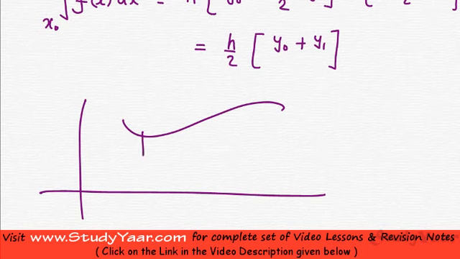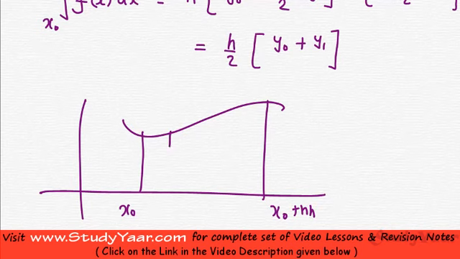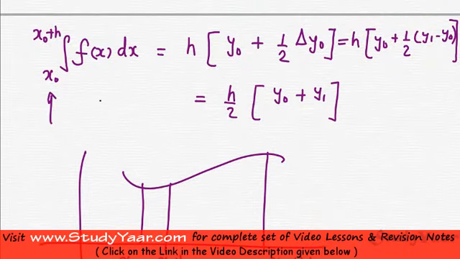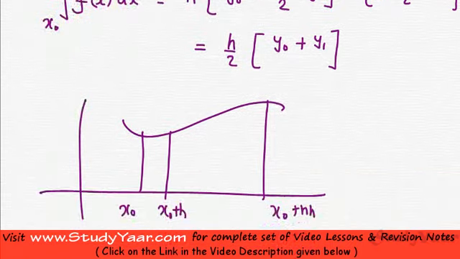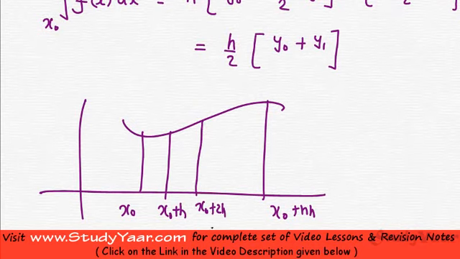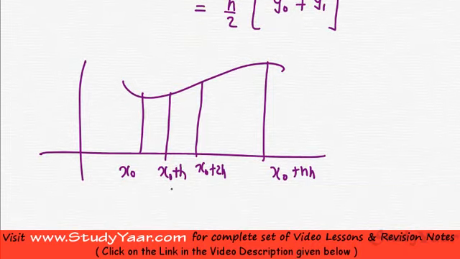You are supposed to find out integration from x0 to x0 plus nh. You've got integration from x0 to x0 plus h as equal to this. Similarly, integration from x0 plus h to x0 plus 2h is going to be what? You can just assume that this is now your x0 and this is now your x0 plus h.